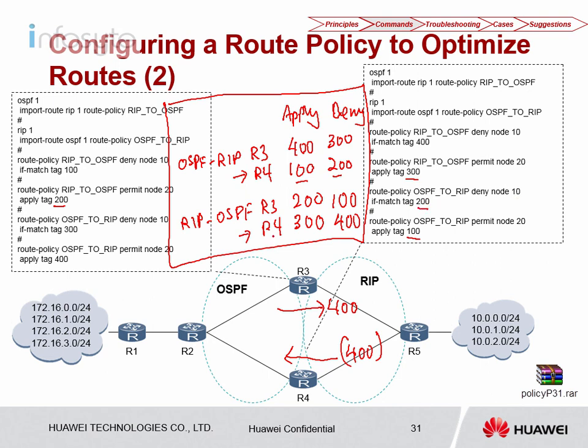At the same time, on router 4, we apply the 300 for RIP to OSPF. So on RIP to OSPF, we apply a tag of 300, and for RIP to OSPF, we are going to deny a tag if it's 400. So this table becomes very important for you to configure your router in the right manner. So let's look into our configuration now.